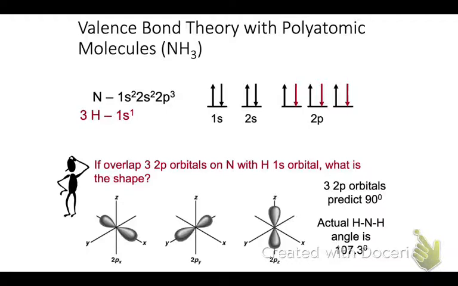That led us to not believe that it's a simple overlap between atomic orbitals, because if it was, the angle should have been 90. That's x, y, z at 90 degrees. But it's not, so it's not really a simple usage of the atomic orbitals to make the covalent bonds.